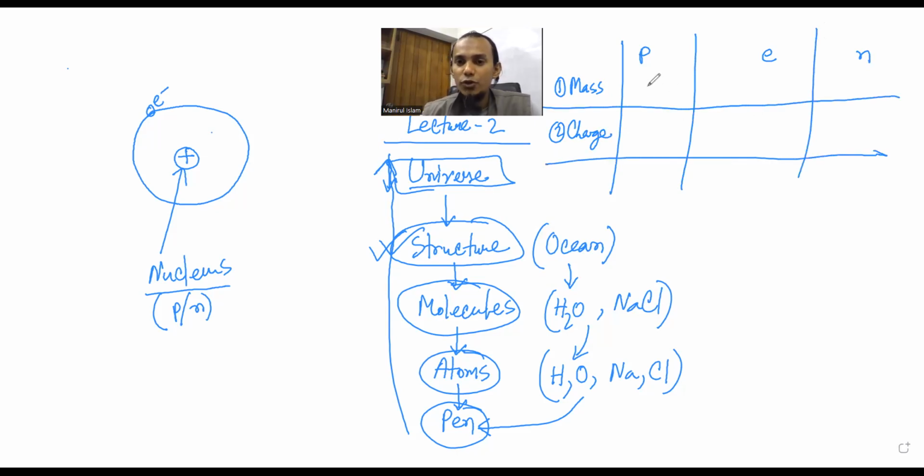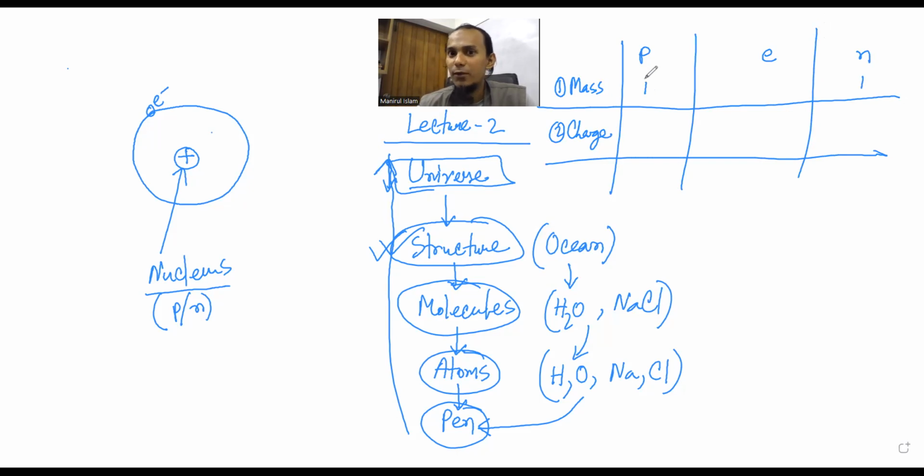Mass and charge. The mass of a proton is 1. The mass of a neutron is 1. Easy. Proton is 1, neutron is 1. Inside the nucleus the units we will give later on, but you just need to know the numbers, 1 and 1.